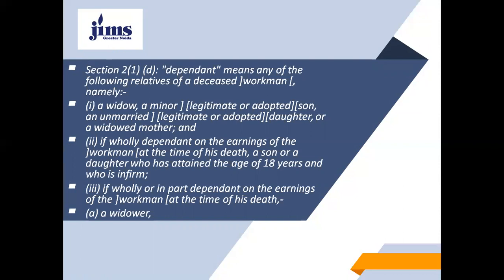Because we are all aware that this compensation Act is meant for a fatal accident where the employee dies, then who will get that compensation? The dependents are entitled to receive those compensations, and under section 2, subsection 1, clause D, the definition of the dependent is given.